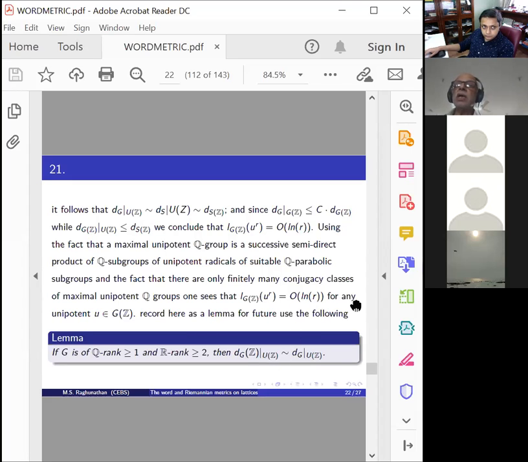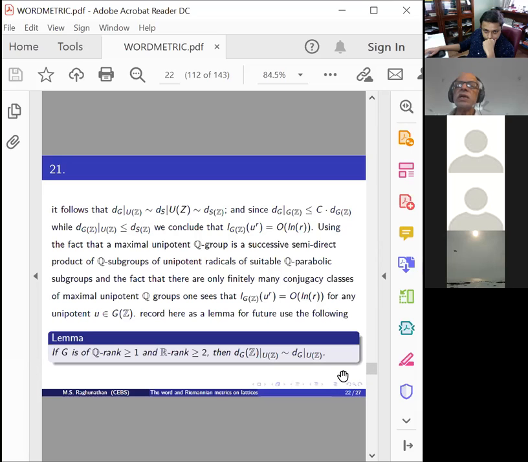Every unipotent element which is Q rational, that is, a Q point of G which is unipotent, has a conjugate in UQ. And if it's integral, it has a conjugate in some UZ among a finite number.